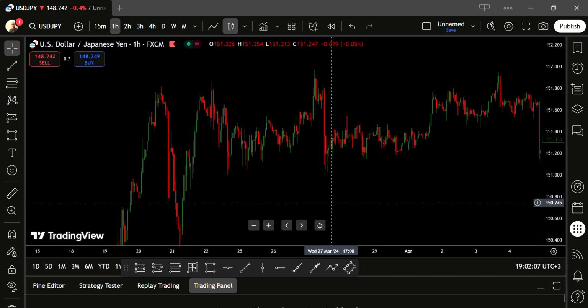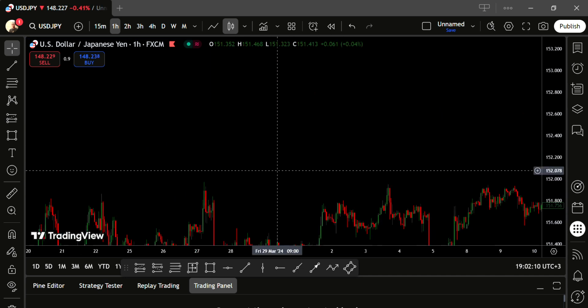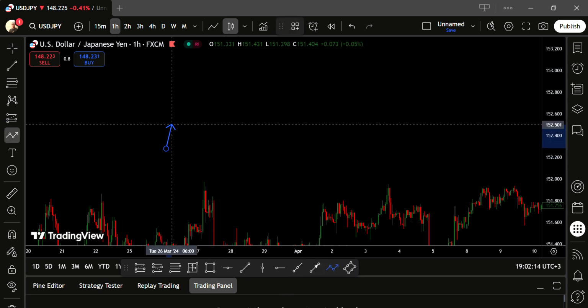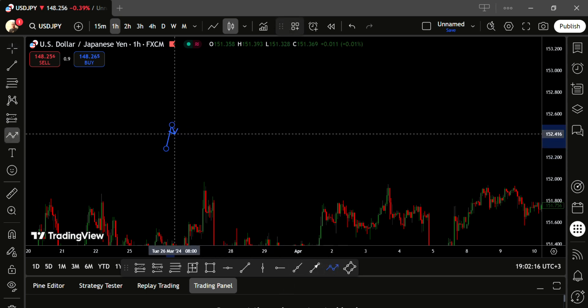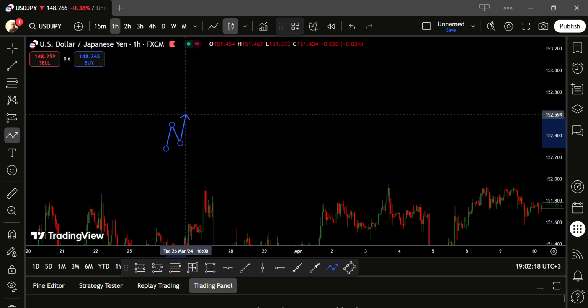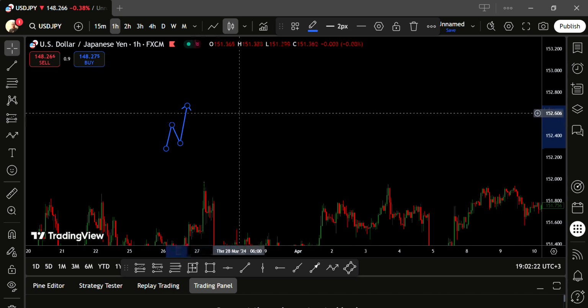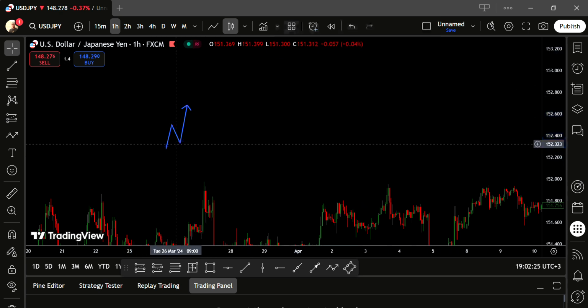So the setup we are looking for is where price makes a high, comes back, makes a low, then breaks this to make a higher high, then comes back to test. Let me start again.